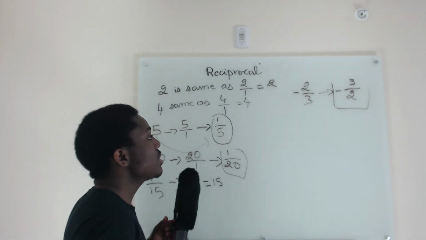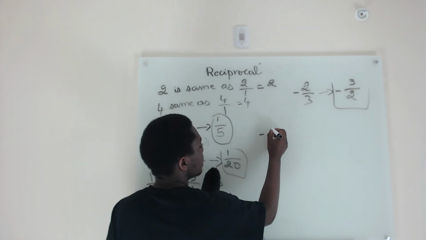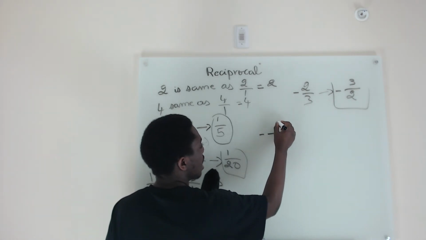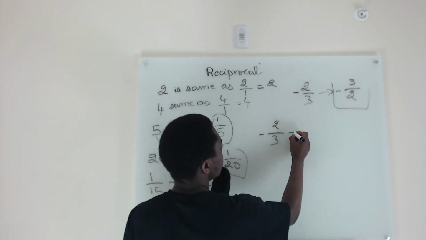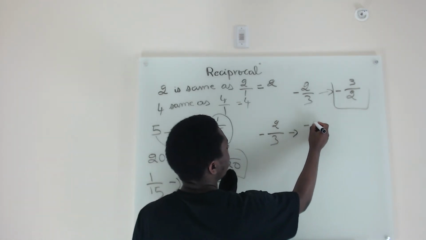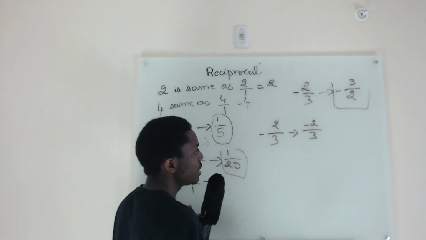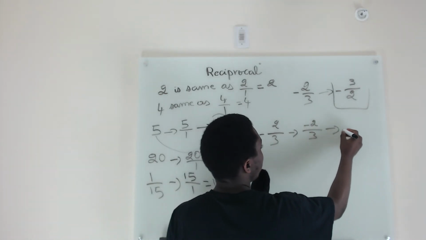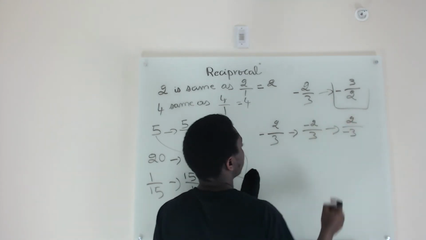Okay? So now for fractions, when you have something written like this, negative 2 over 3, okay? This is the same as negative 2 over 3 with the sign on the top. It is also the same as 2 over negative 3 with the sign on the bottom.